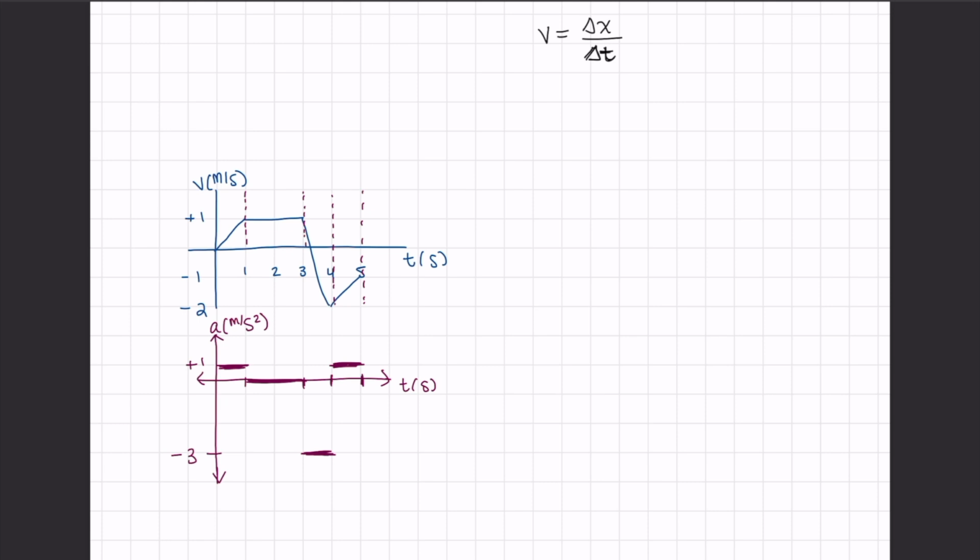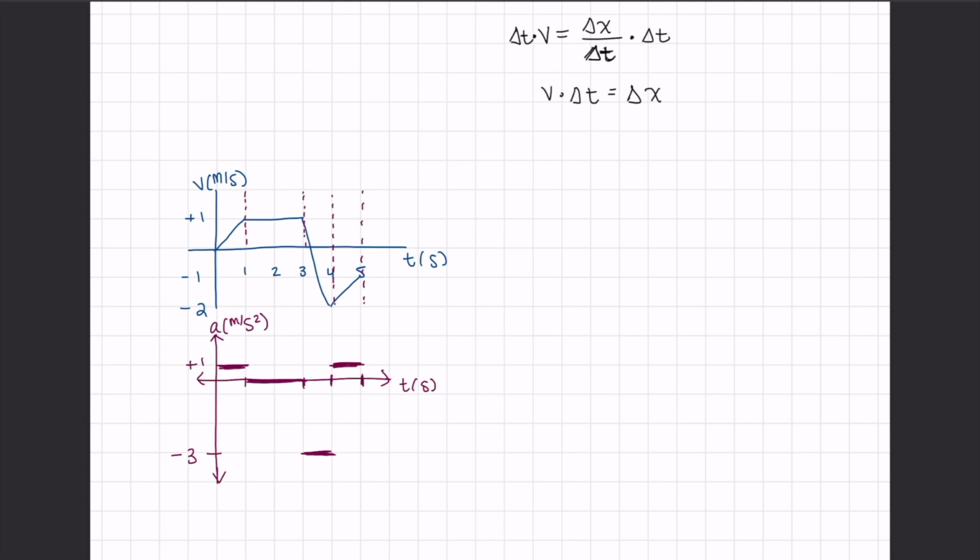But now, since we have a velocity versus time graph, we need to get delta x by itself in order to get an expression for position. So if we multiply up the delta t, then we get that v times delta t is equal to delta x.